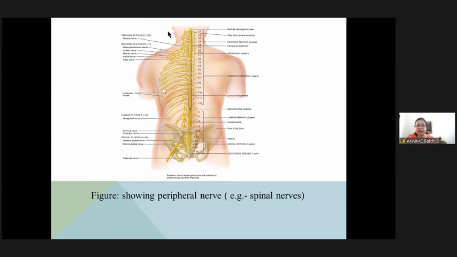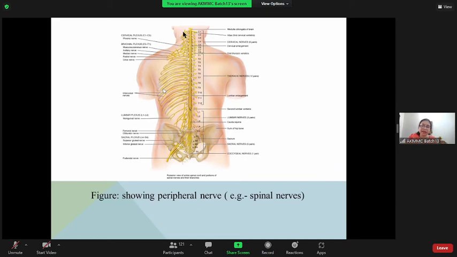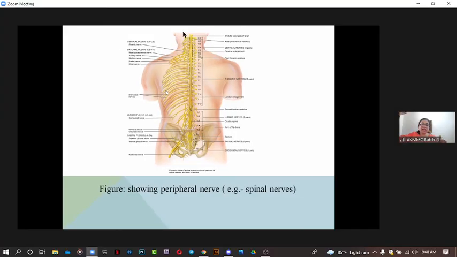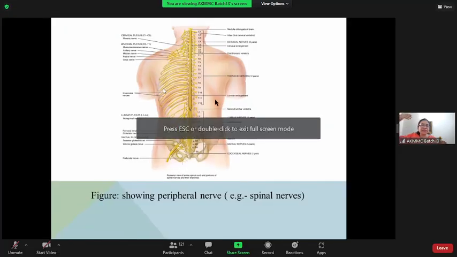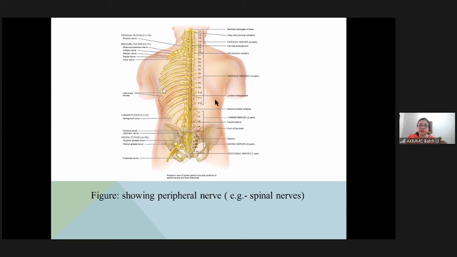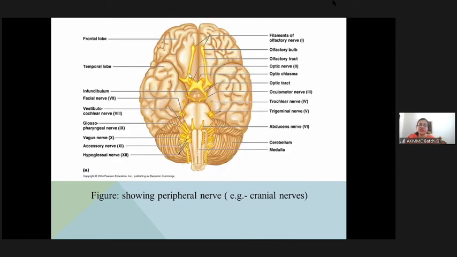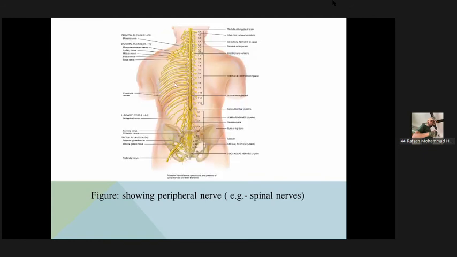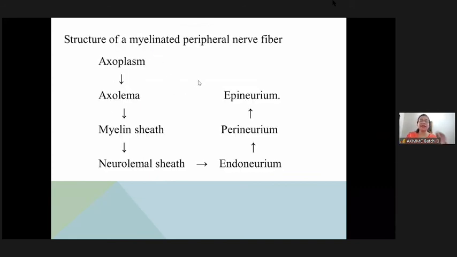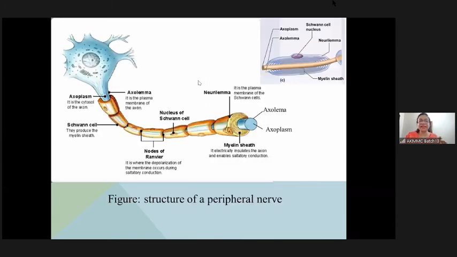They may be ascending tract or descending tract. Ascending means they transmit impulses from the spinal cord toward the brain. If they are descending, they transmit impulses from the brain toward the spinal cord. When the bundle of fasciculus goes outside the central nervous system, if it comes from the brain we call it a cranial nerve, and if from the spinal cord, a spinal nerve. Now, the structure of a myelinated nerve fiber comes in written exams; you will find this in MCQ or SCQ.